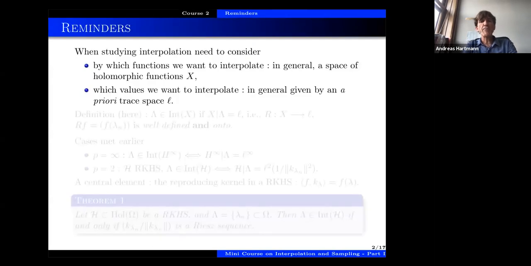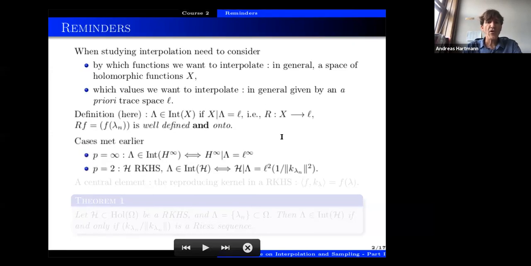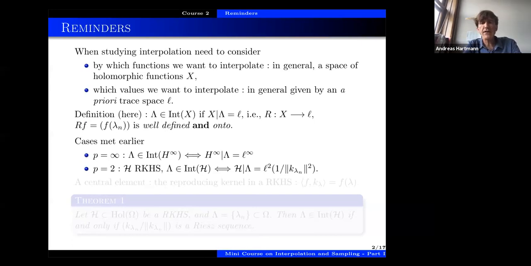Okay, here are some reminders maybe from yesterday. When studying interpolation, we need to consider by which class of functions we want to interpolate. And then we also have to ask the question, what are the values we would like to interpolate? And so there were two situations where the answers were quite natural.